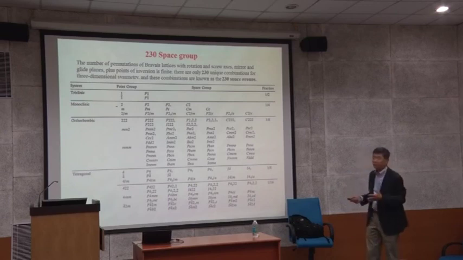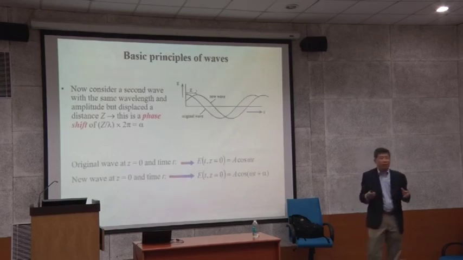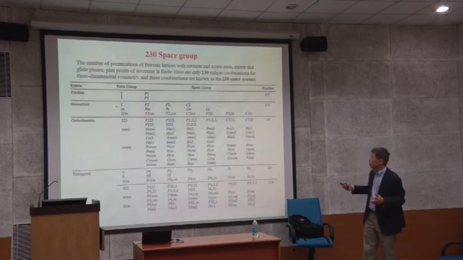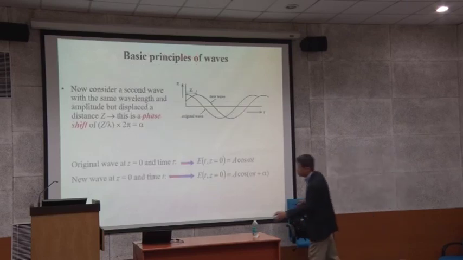Okay, so now let's talk about those things. And next, if you have an interaction between this and X-ray, what exactly happens? That's what X-ray diffraction is. So for X-ray diffraction, we have to understand the wave.